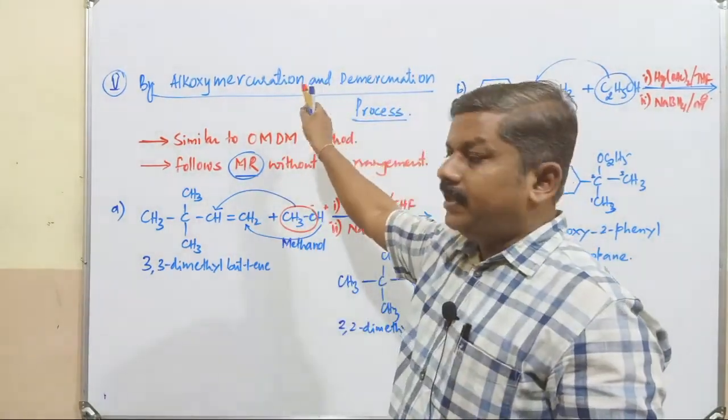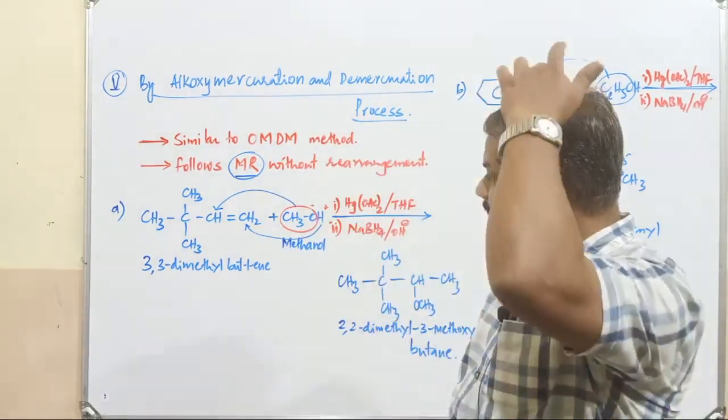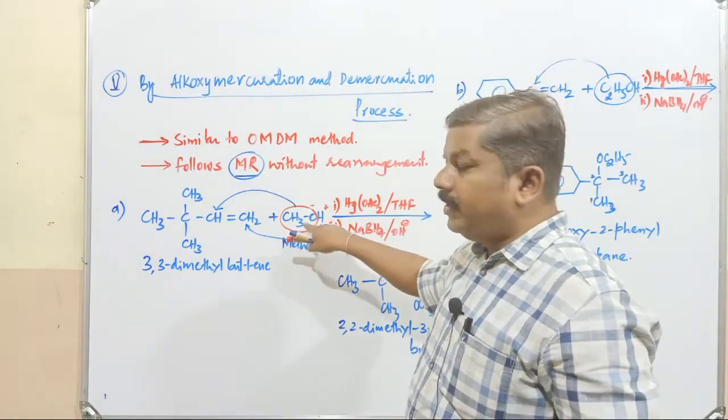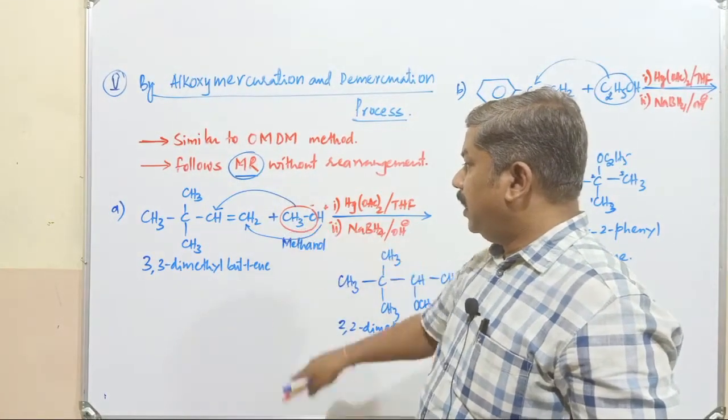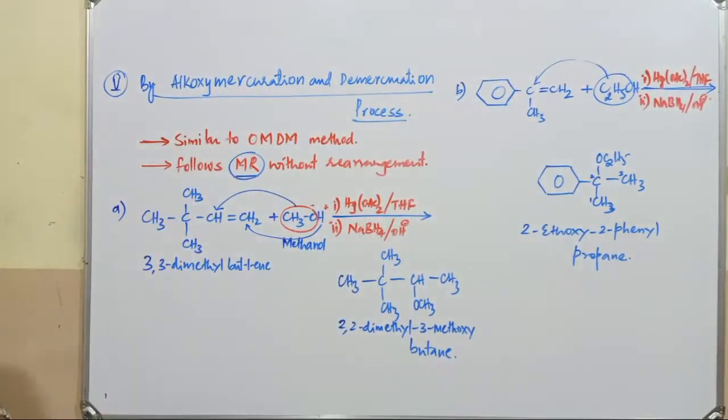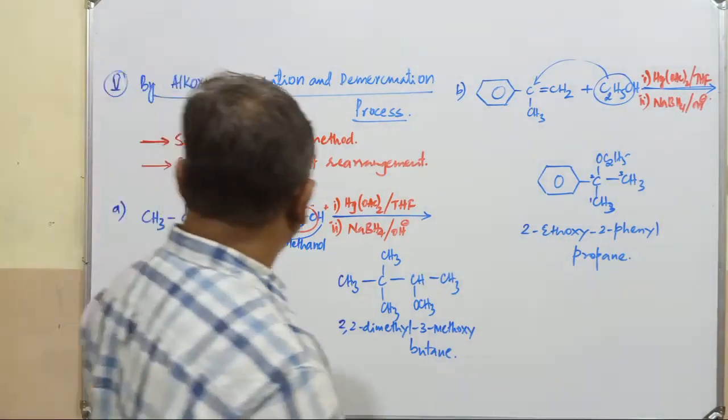This method is also very similar to the OMDA method. In oxymercuration-demercuration, we are not using alcohol; addition of water takes place to form the respective alcohol. But here formation of ether takes place. Note down first. We will go to the next method of preparation of ethers.